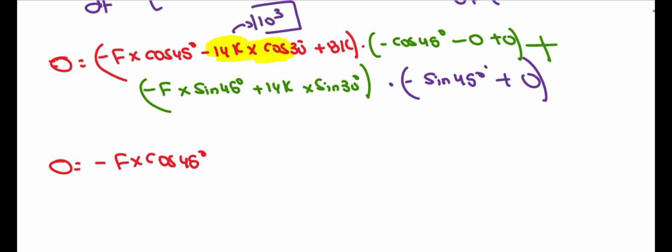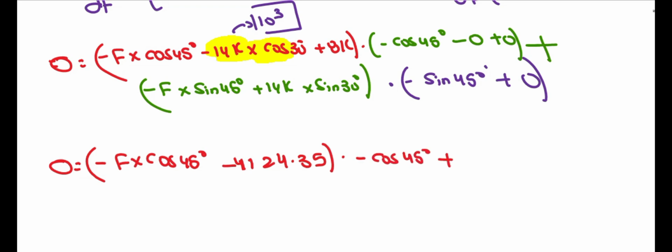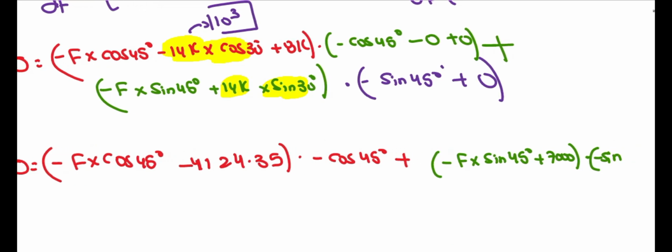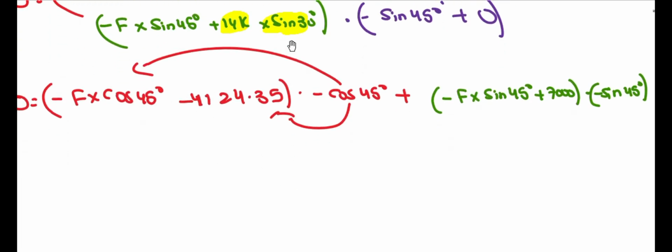So −14 kilo cos 30° plus 8 kilo will become −4124.35, and this whole expression is going to be multiplied by negative cos 45°. Similarly, (−F sin 45° + 14 kilo sin 30°) becomes −F sin 45° plus 7000, multiplied by negative sin 45°.